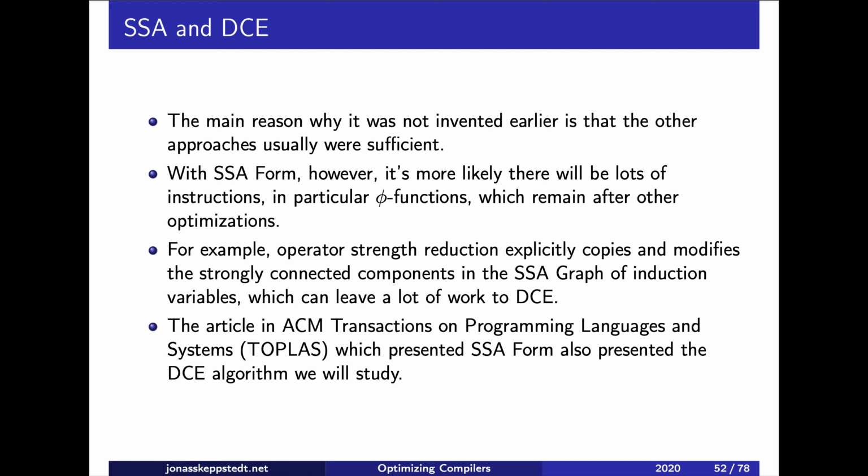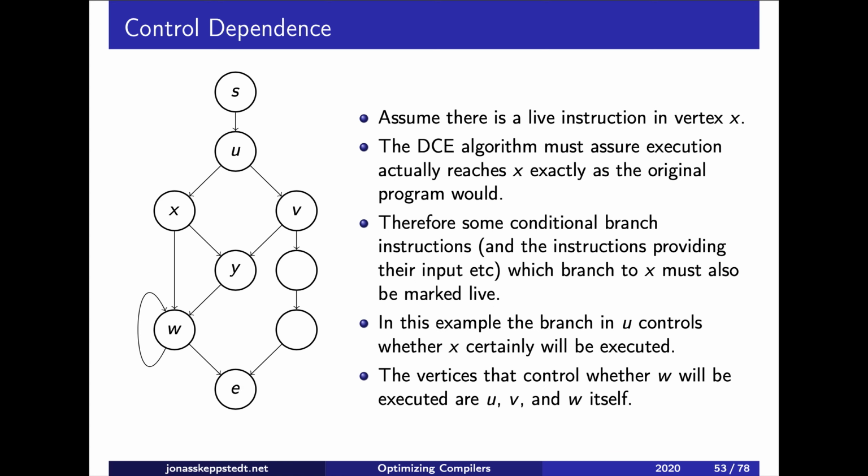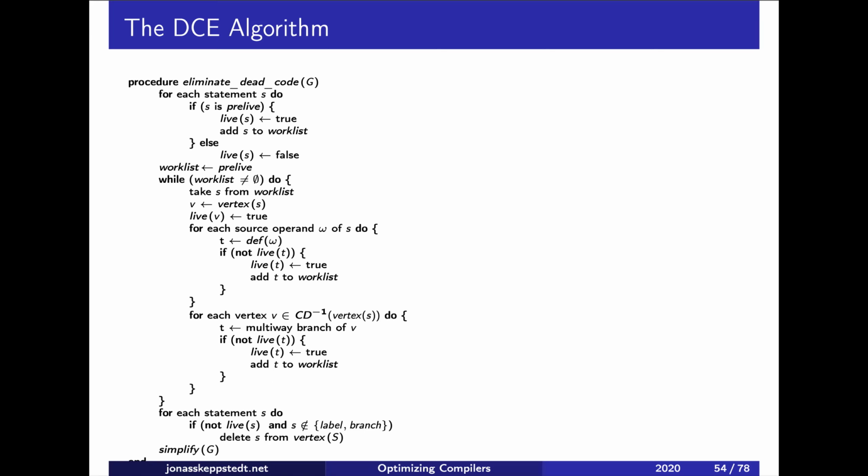what complicates this. Well, as I have said so far, this dead code elimination is just about marking instructions and their operands and continue. But there is another concern that complicates it. But okay, let's look at this first.